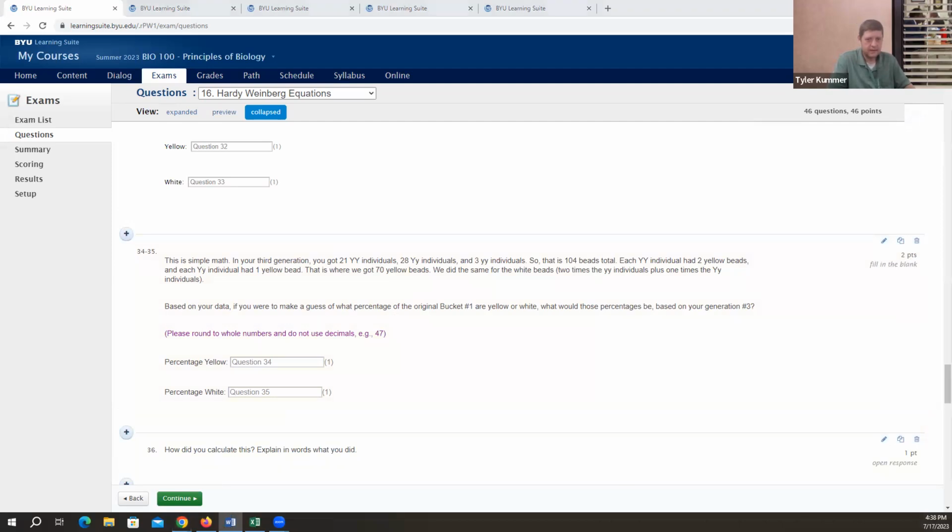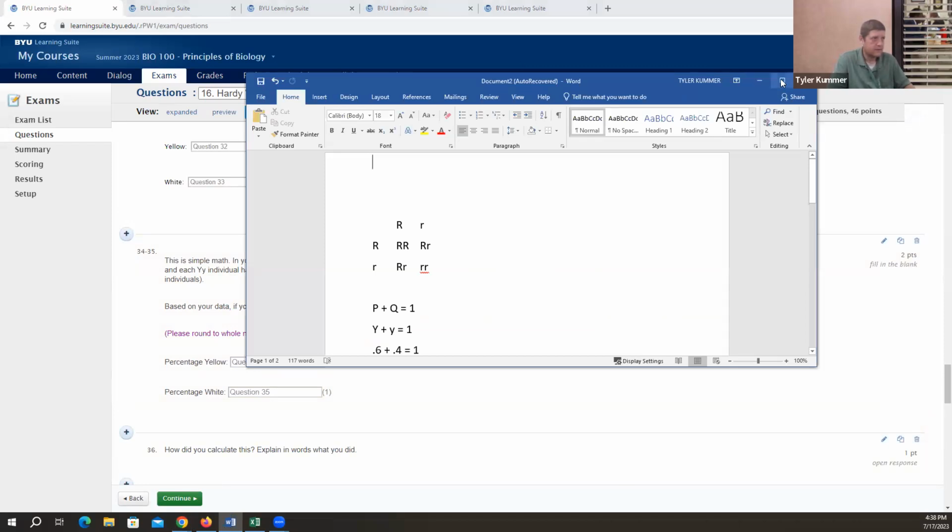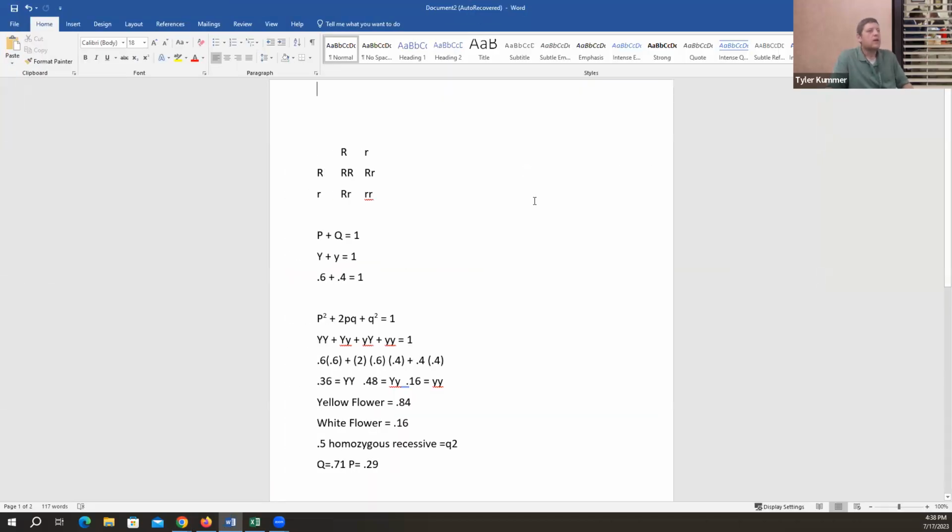Let's go ahead and slide this over here. We have 2 equations that make up our ability to analyze the evolution of genes. The first one is P plus Q equals 1. P represents the number of alleles that are dominant.